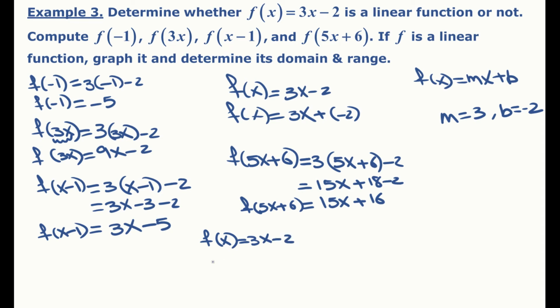We're going to replace the f of x with y. We're doing a substitution there. And now we're just going to graph this linear equation, which is very simple because we know the slope is 3.